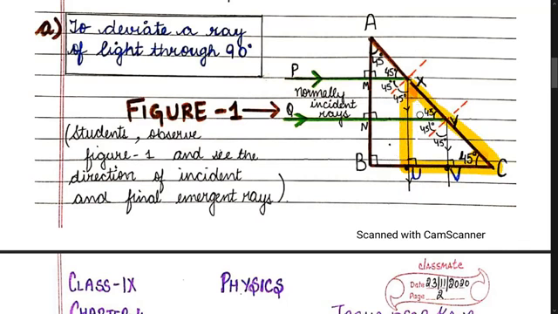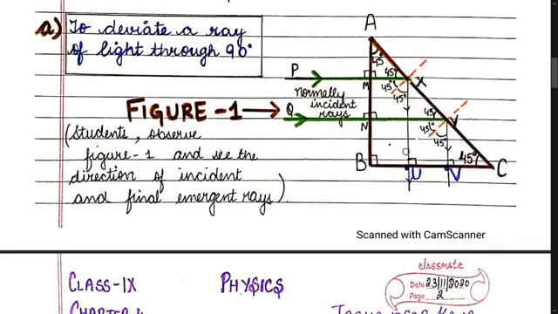If the angle made at X is 45° in this triangle and angle C is also 45 degree, that means angle made at U is 90 degree.